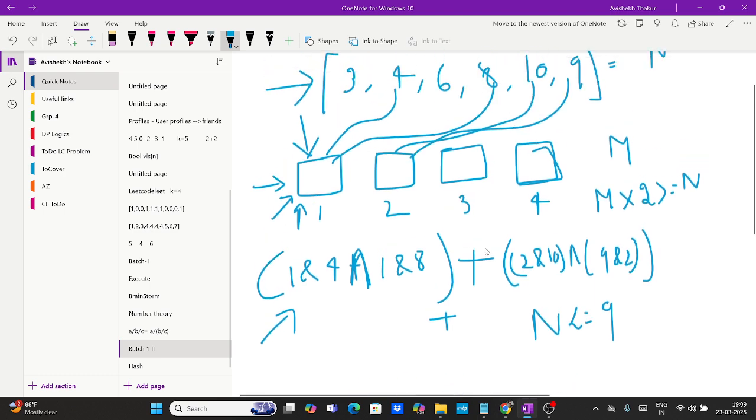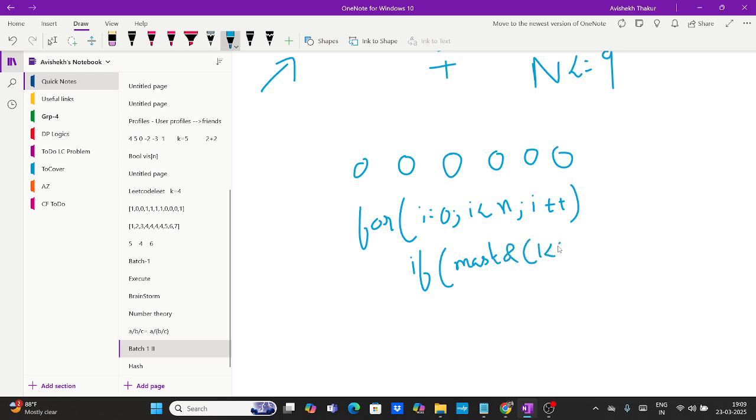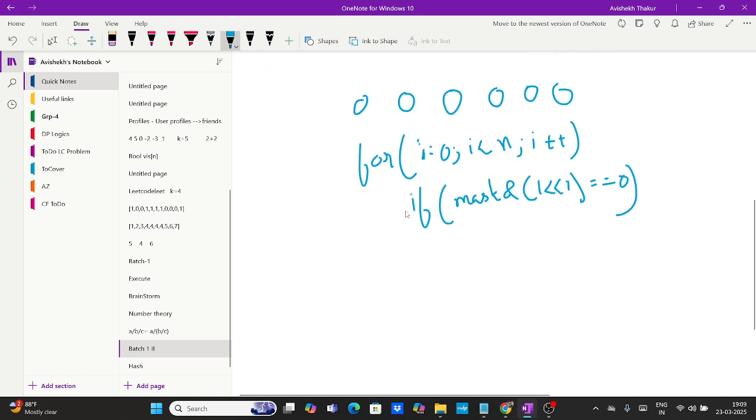Simple. What we will do, we will iterate for i equals to 0, i less than n, i plus plus. If the mask bit is 0, that means I can keep the ith number in this slot, right? Let's say the slot number is slotnumber.